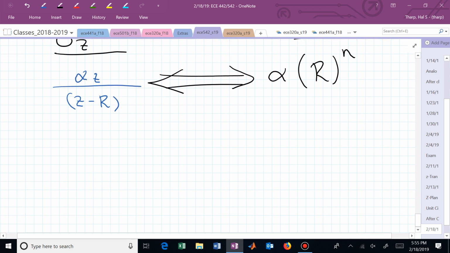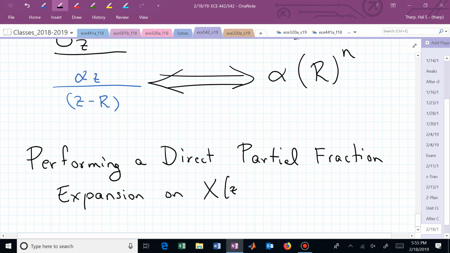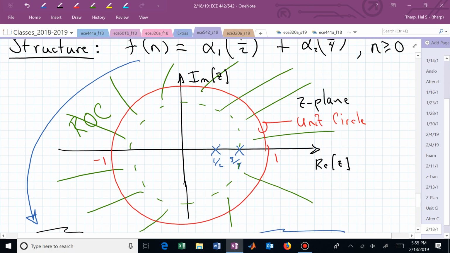Suppose that we did a direct partial fraction expansion on capital F of Z. Well, it wasn't x of z, was it?